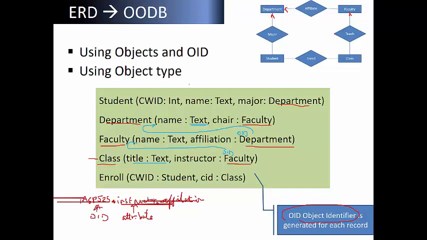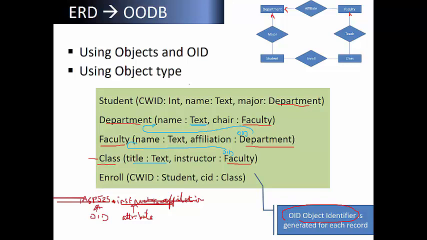This is a semantic relation. Let me put it this way. The instructor of a class is a faculty, and the faculty has affiliation. Therefore, class instructor has affiliation features, affiliation values, right?